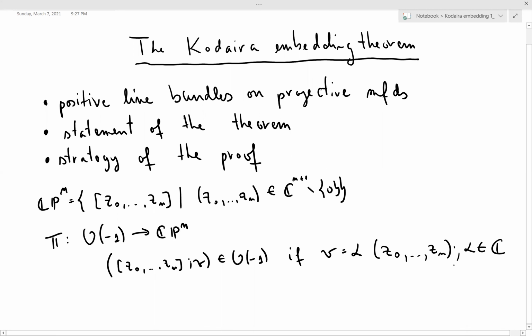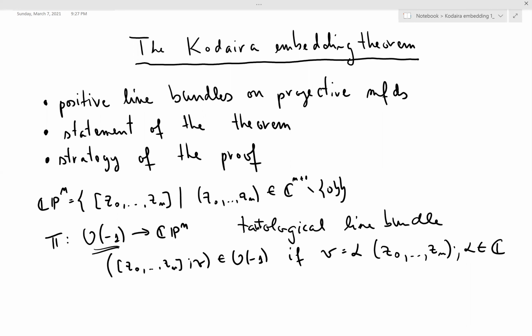Okay, so there is a natural Hermitian structure on the tautological line bundle. This has many names. It's essentially you just restrict the Euclidean metric to this line bundle.